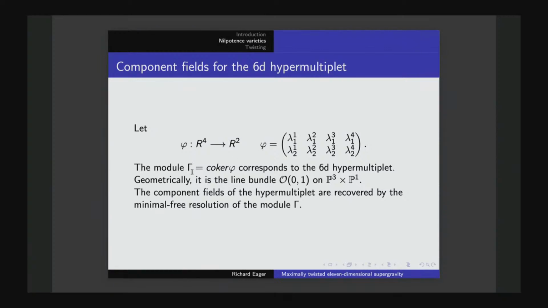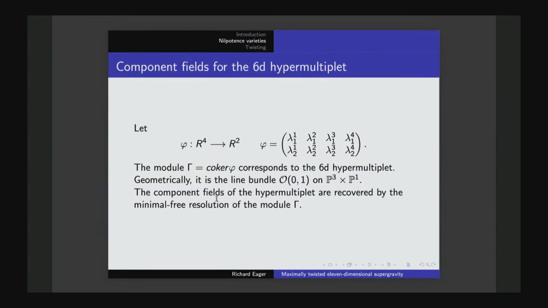Looking at the cokernel of phi defines a module over the affine cone of P3 times P1. If you push that down to the projectivization, this module, the cokernel of phi, is the line bundle O(1) on P3 times P1. So it's just functions on P3 tensored with sections of a line bundle O(1) over P1.